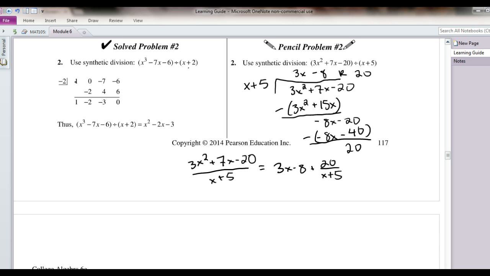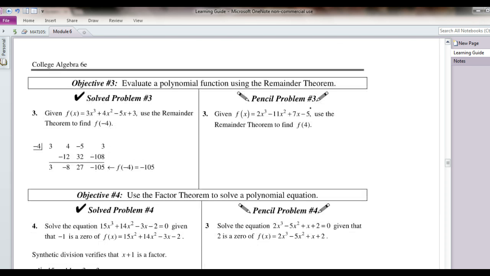We bring down the 1, multiply by negative 2, add it to the top, multiply it, add them up, multiply it, add them up, and you see what you get. So it's literally the same exact procedure, but a little more clandestine. So I just prefer to use the long division when I do it. If you like synthetic division, go right ahead, but long division is the same thing.